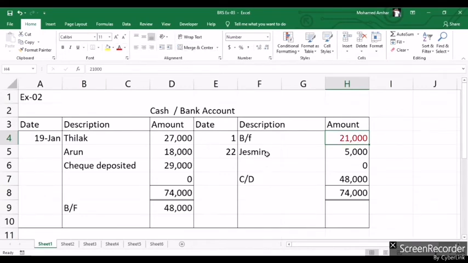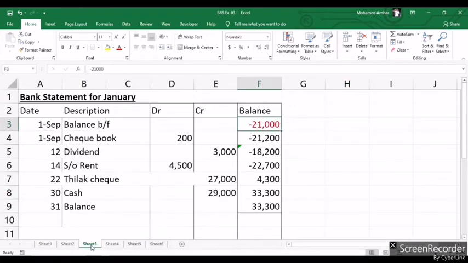Then on the credit side of the cash book, 5,000 is appearing. That is a check given to Jasmine, and we have to check whether this 5,000 given to Jasmine is appearing in the bank statement.